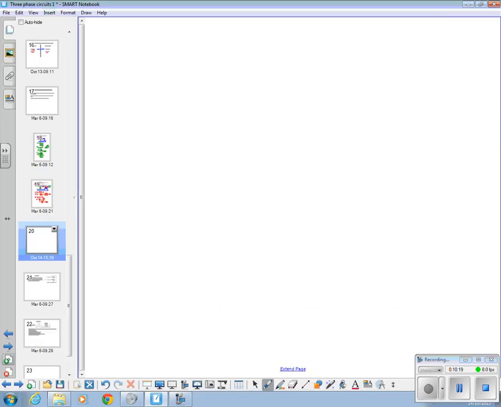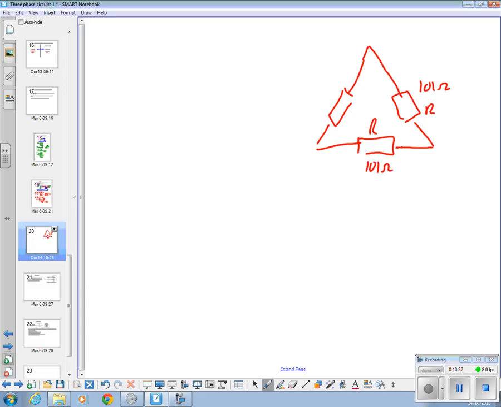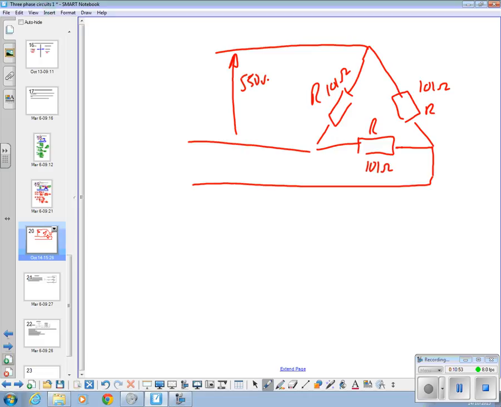I'm going to add a slide to mine and just draw it out. So what we've got now is these three resistors, 101 ohms each, connected to a 550 volt line in delta.